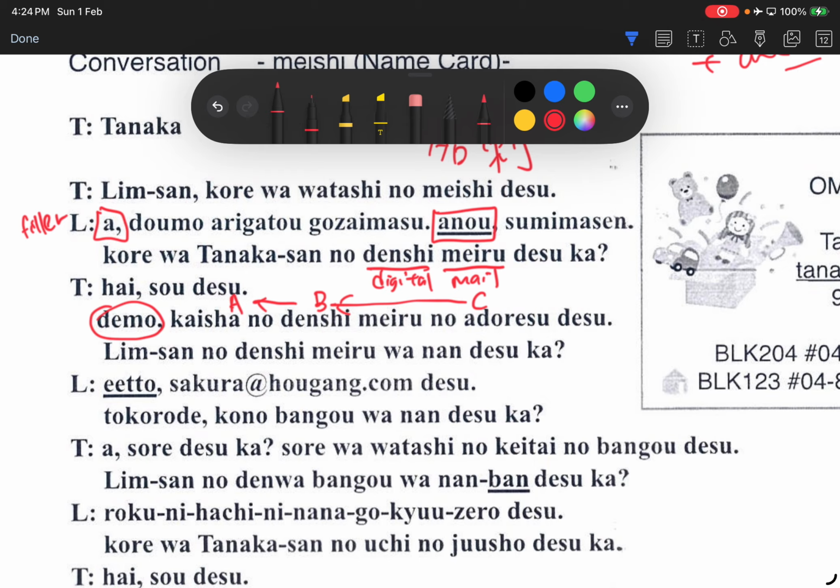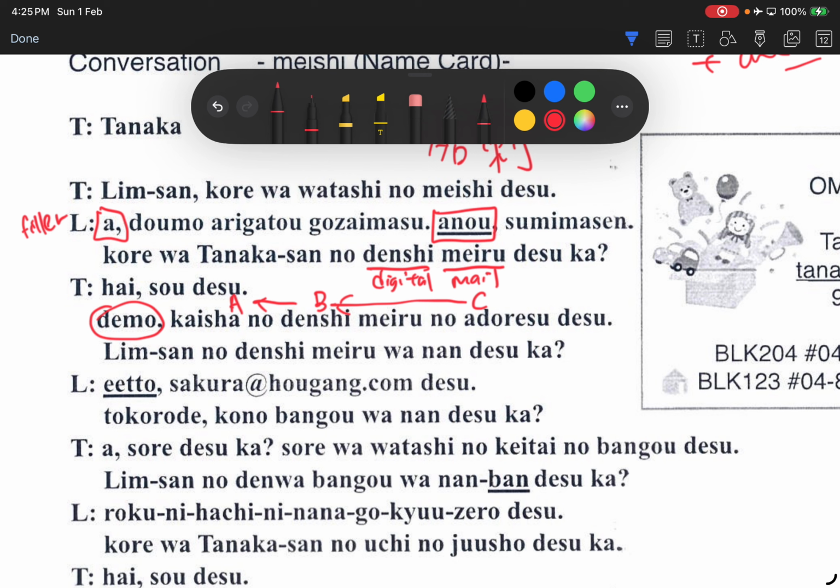Alright, so basically company's email address. 公司的电子邮件地址, something like that lah. So it's like all the way. You can use as many as you want. It's like 我的妈妈的妹妹的孩子的亲戚的媳妇, you can just go all the way. Same lah, you can use it in Chinese as well. Chinese and Japanese as well.